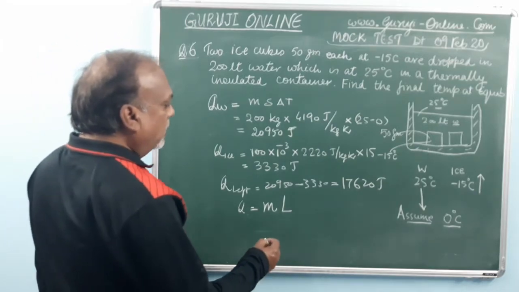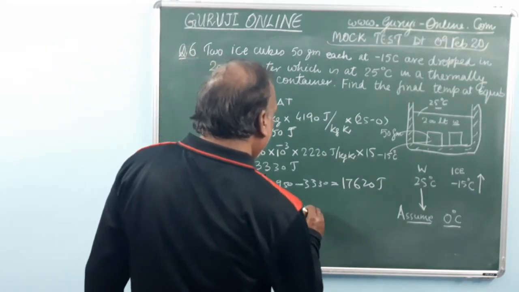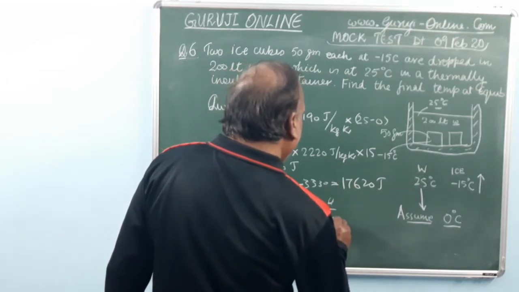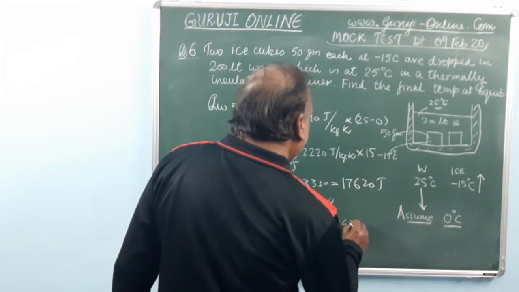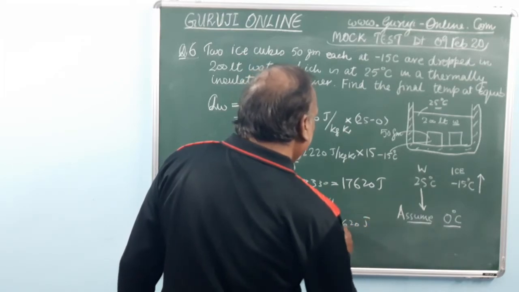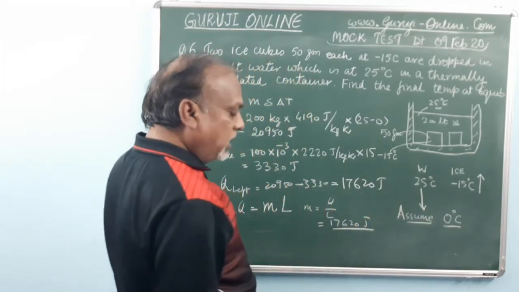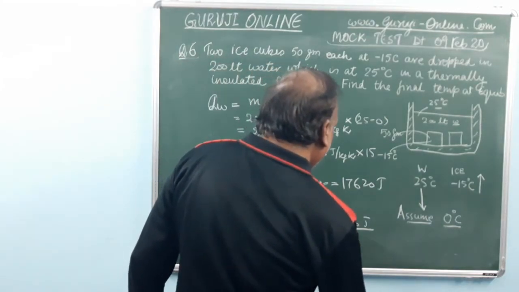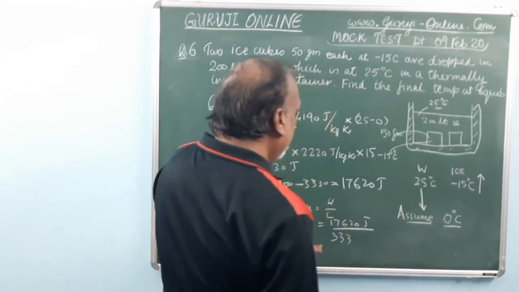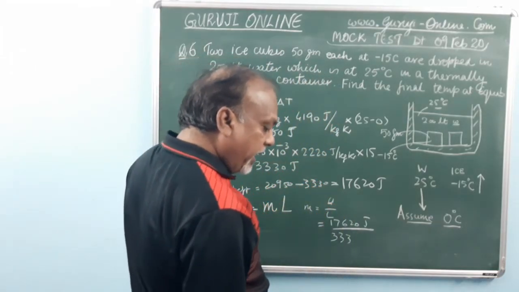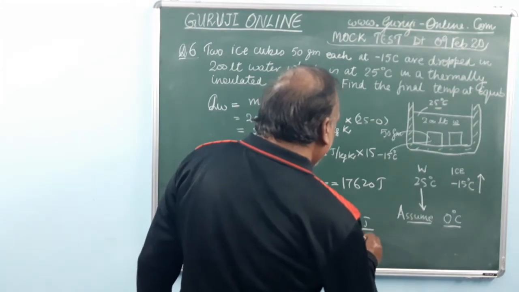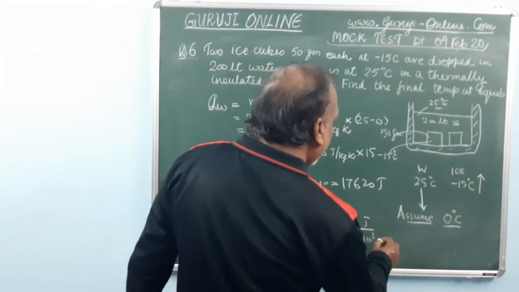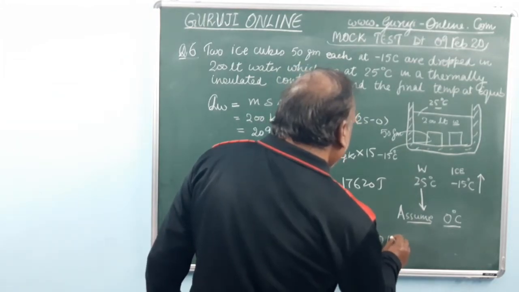So m is nothing but Q upon L, or 17,620 joule upon the latent heat of melting of ice, that is 3 into 10 raised to 3 joule per kg.